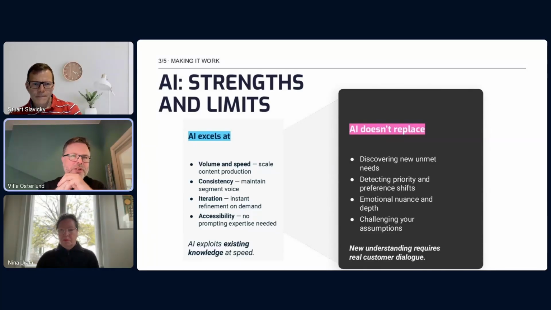Like you said, you can use AI for something, but generating new innovations, new insights, that's not where the AI is. So AI really excels at volume, speed, and consistency, and fast iteration loops. Once you have your solid data sets there, you can build variations in minutes. And like you were saying, Stuart, it fills the empty document with initial ideas, and then you can keep iterating from there.